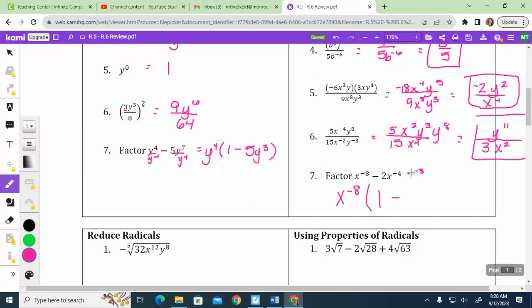So -4 minus -8 is -4 plus 8. So we get a positive 4 for that exponent. Are those okay?